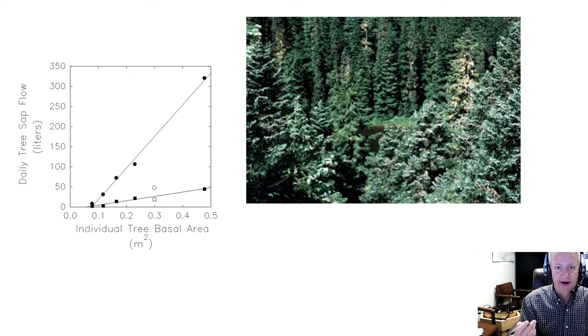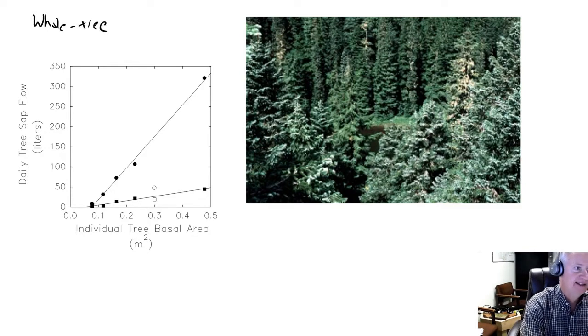But there are different technologies that are used to measure transpiration at those levels, and there also are a couple of different ways of thinking about some of the concepts at the tree and stand level that I think it's useful to talk about.